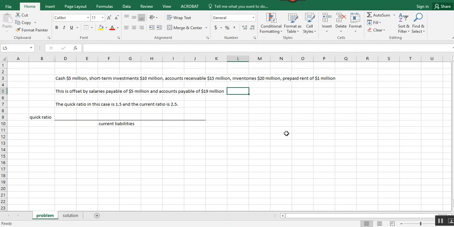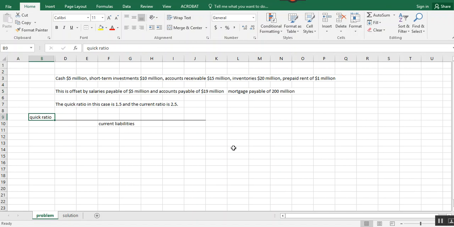Now, if you had, say, a mortgage payable of $200 million that you are going to owe way in the future, in 30 years or 15 years, this would not be part of the quick ratio.